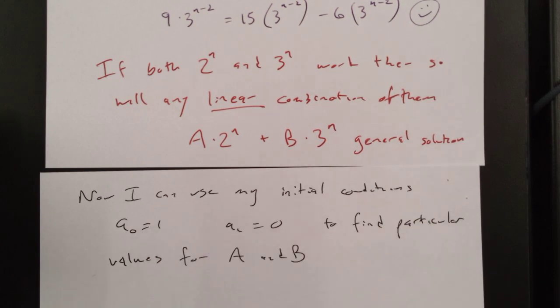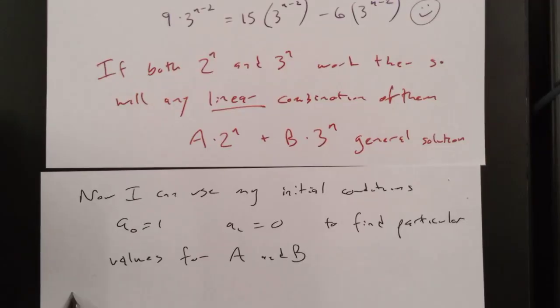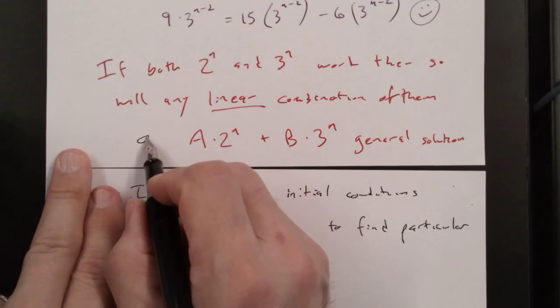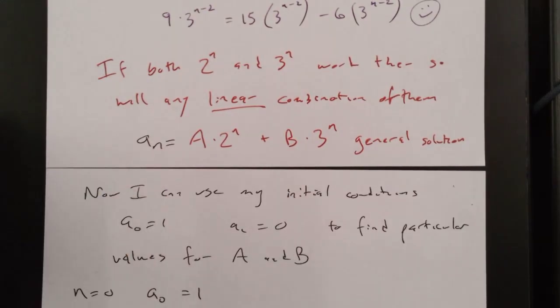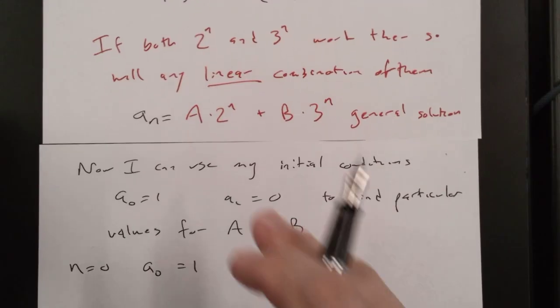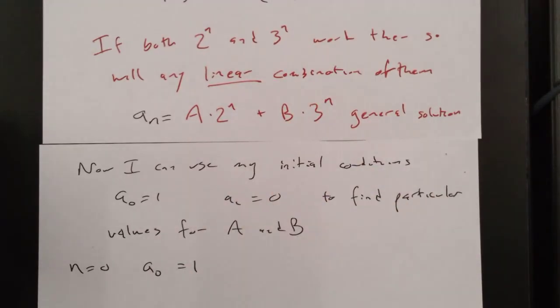A0 means n is 0. If n is 0, then I've got A0 equals 1. But this is my formula for AN. If that's AN, I get to put in n equals 0.